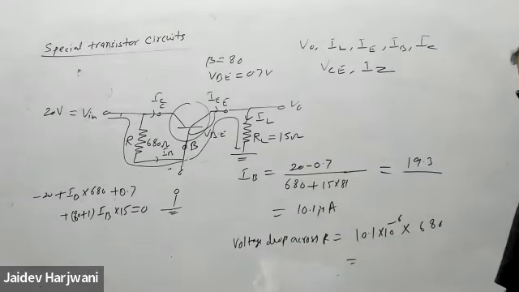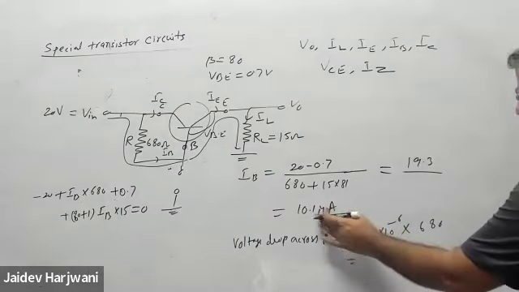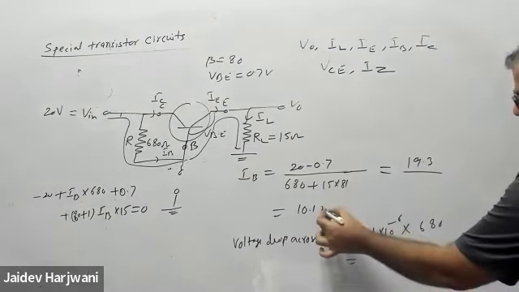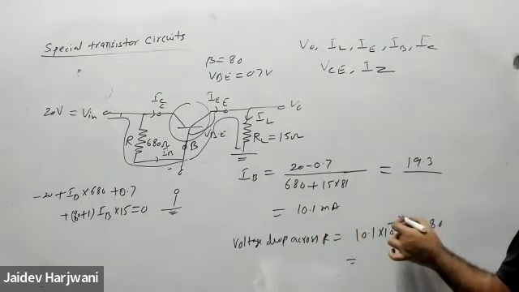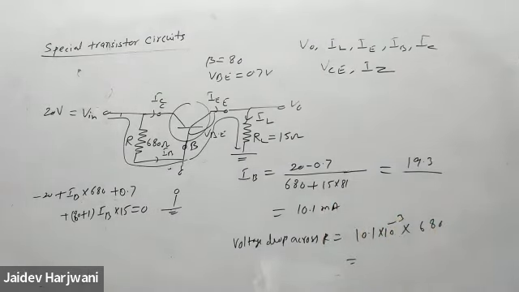So this becomes how much? 10 to the power minus how much volt? It is milliampere. Yes, sir, milliampere. So how much is it coming? 6.8 volt, how much will it come?